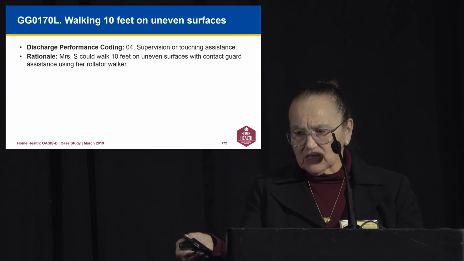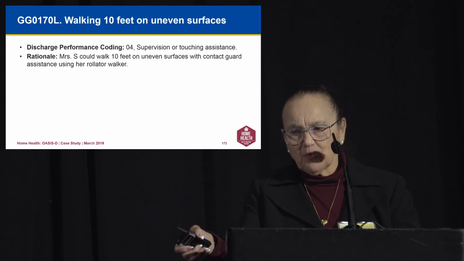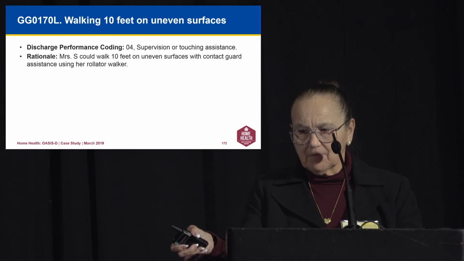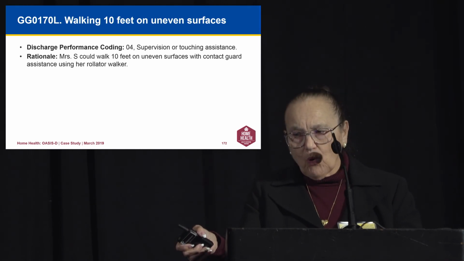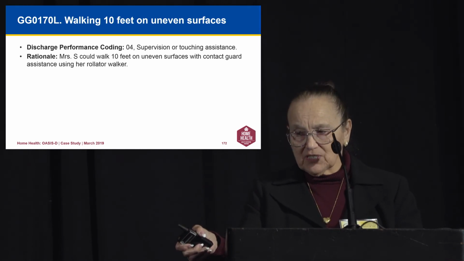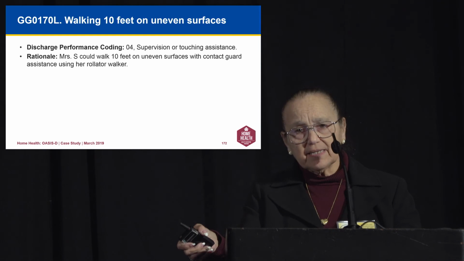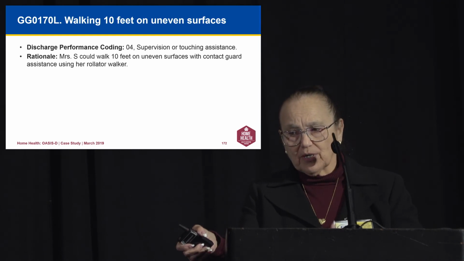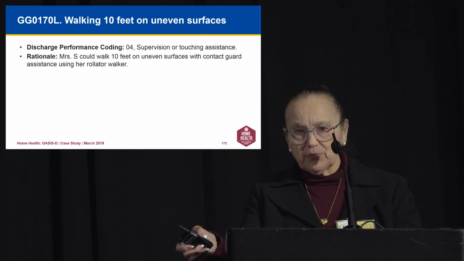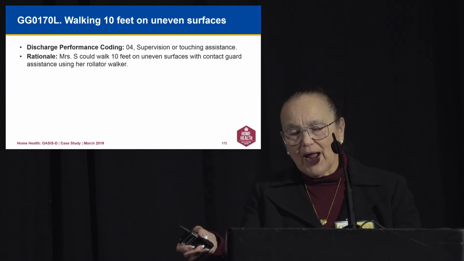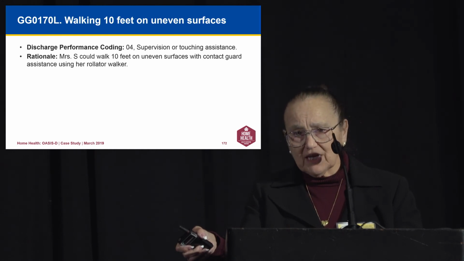We've coded this as 04, requiring supervision or touching assistance. Mrs. S could walk 10 feet on an uneven surface with contact guard assistance using her rollator walker. So again, if she were using the device alone, she would be independent. Requiring the assistance of a person for supervision or touching makes this an 04.